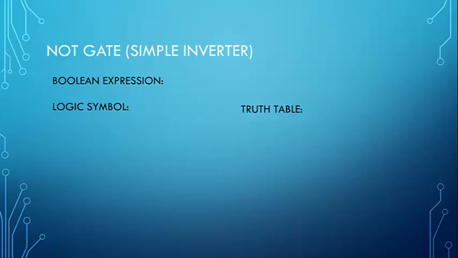The next gate we're going to look at is a NOT gate, or a simple inverter. I'm going to use the terms NOT gate and inverter interchangeably, so keep in mind that they both mean the same thing. The Boolean expression for an inverter is y equals a-not. That bar over the top of the a means that the value is inverted.